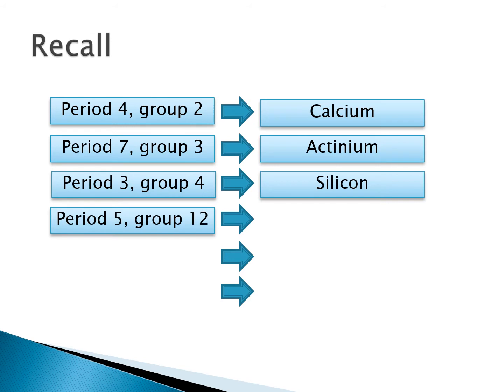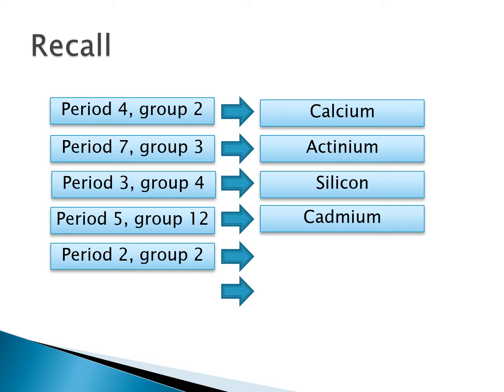Next, we have period number 5, group number 12. So let's take a look at your periodic table. Period 5, 1, 2, 3, 4, 5. And then group number 12: 1, 2, 3, 4, 5, 6, 7, 8, 9, 10, 11, 12. The correct answer is cadmium. And the next, we have period number 2, group number 2.